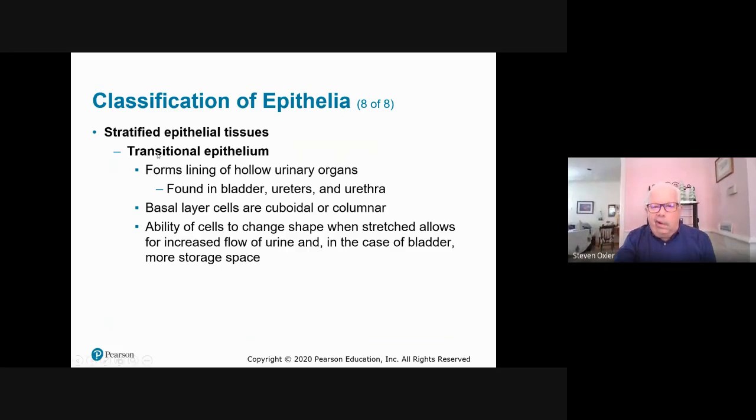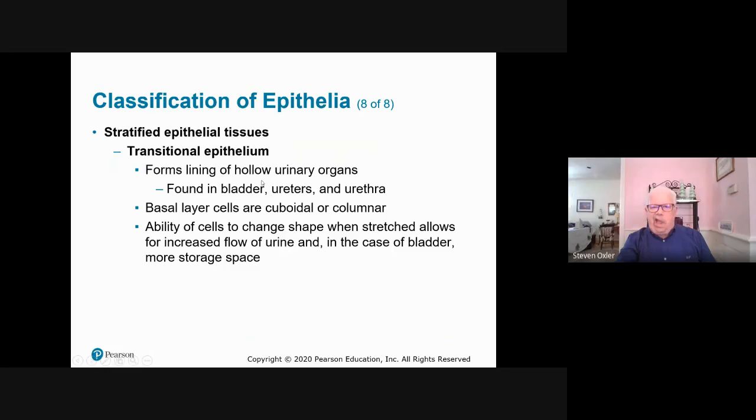However, I'm going to ask you a question on transitional epithelium, because what does that mean? Transitional means it has the ability to change shape. And what parts of your body change shape? Well, your bladder certainly does. It enlarges to hold urine.